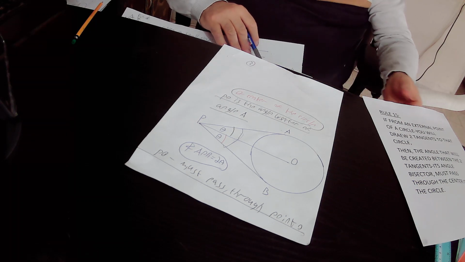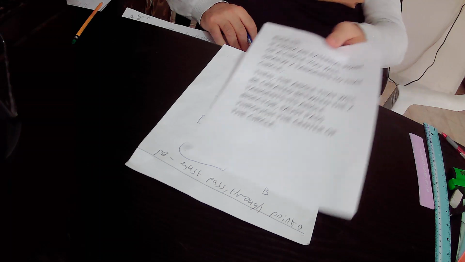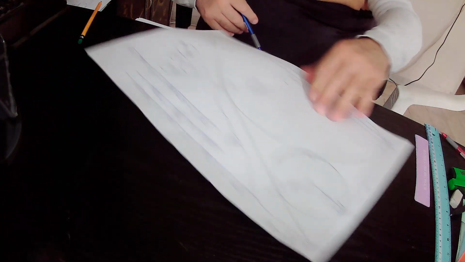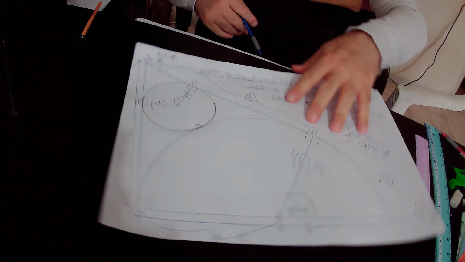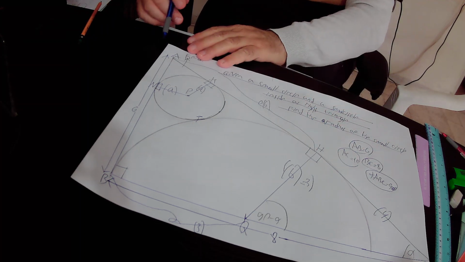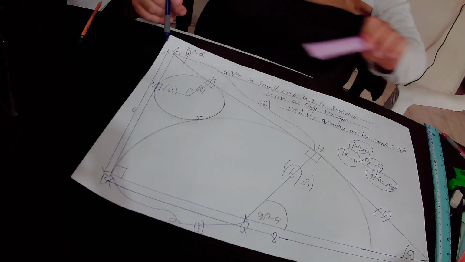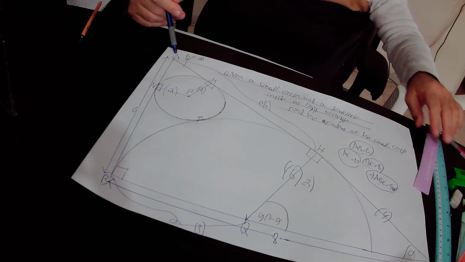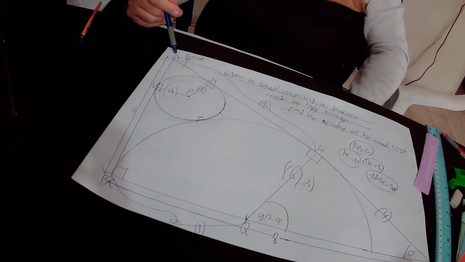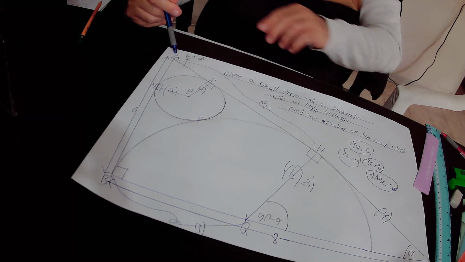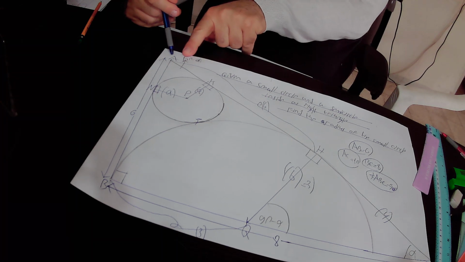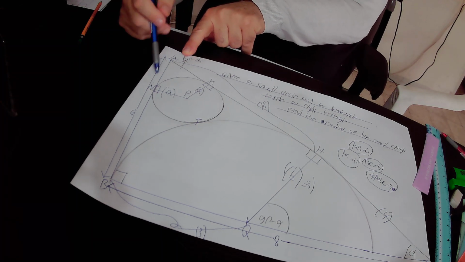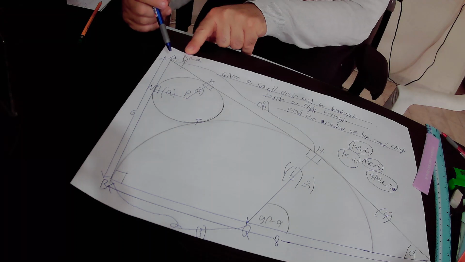So we can actually implement rule 15 in our drawing. Why? Because in our drawing, if we focus on this common external point A, from this common external point A, we have two tangents towards this small circle, tangent AN and tangent AK.